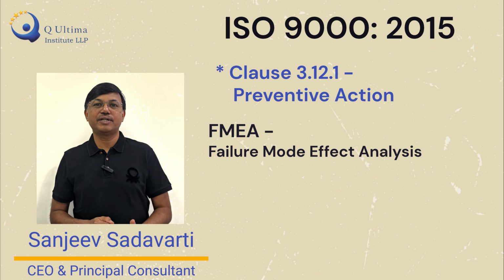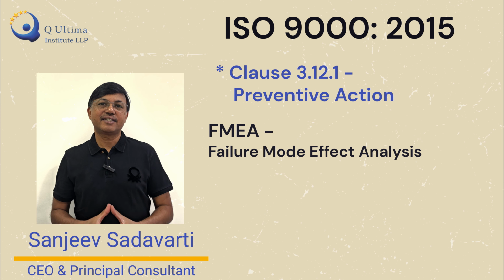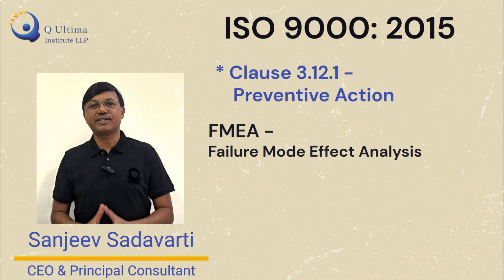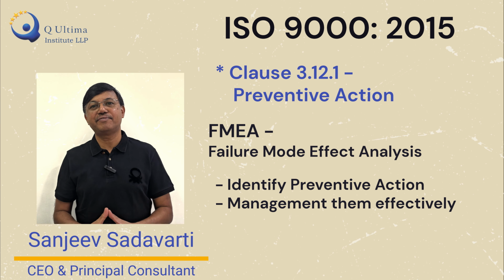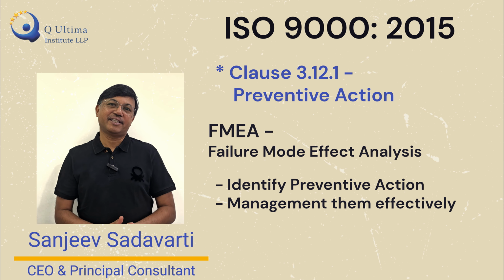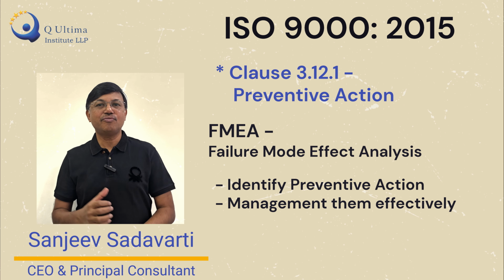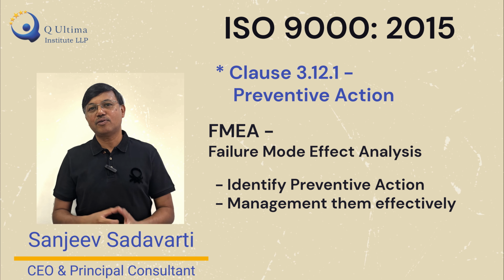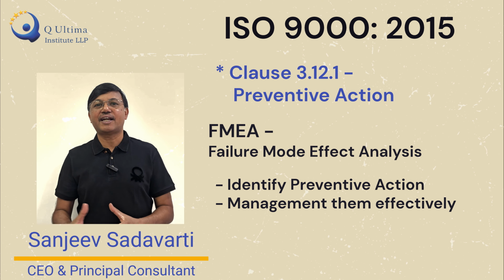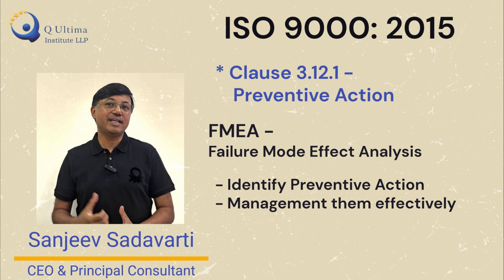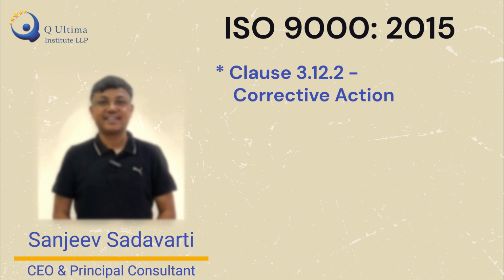FMEA, failure mode effect analysis, is considered one of the most effective tools to identify preventive actions and manage them. So FMEA not only helps us in identifying causes of potential non-conformities, but also manages the actions arising out of them, which are called preventive actions.